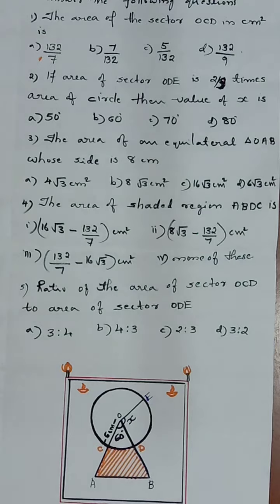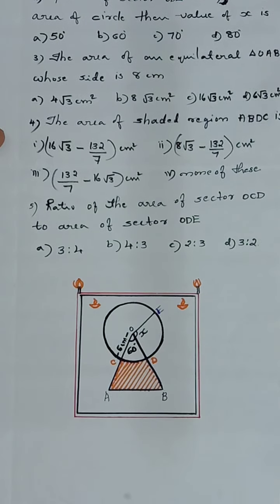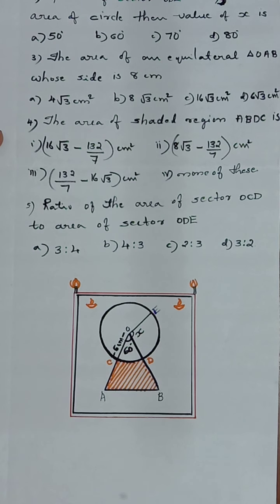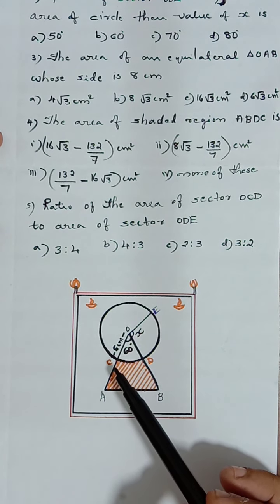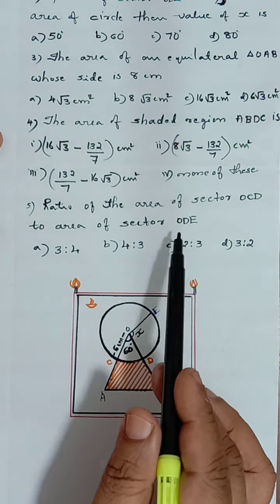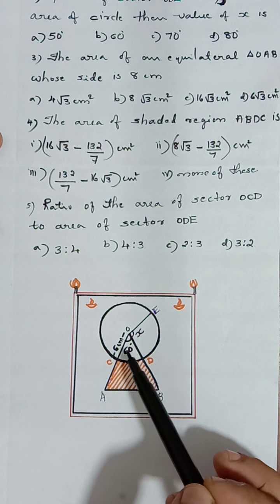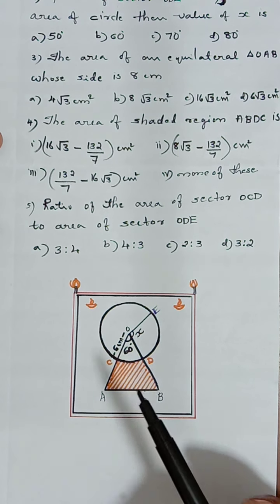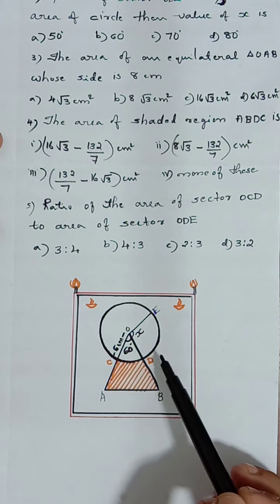Ratio of areas of sector OCD. We have to find the ratio of area of sector OCD to the area of sector ODE. So areas ratio we have to find out. What is the area of the sector? It is theta by 360 into pi r square.